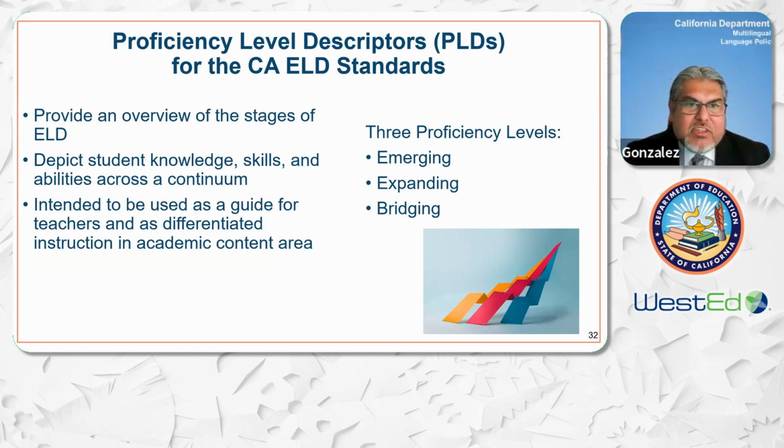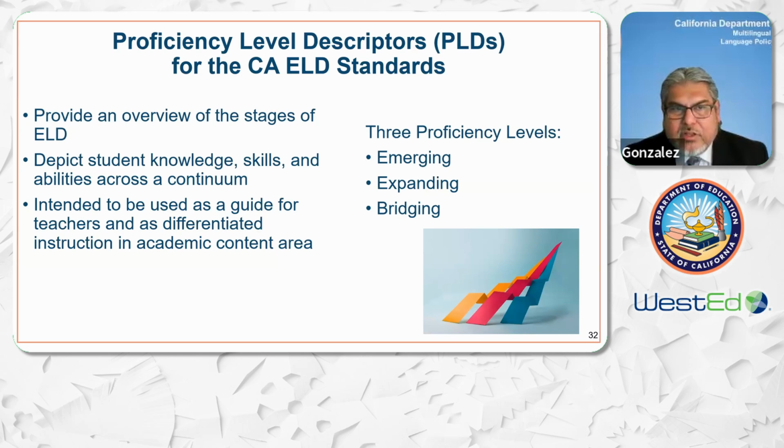The proficiency level descriptors, or PLDs, for the California ELD standards. The PLDs provide an overview of the stages of ELD through which EL students are expected to progress as they gain increasing proficiency in English as a new language.